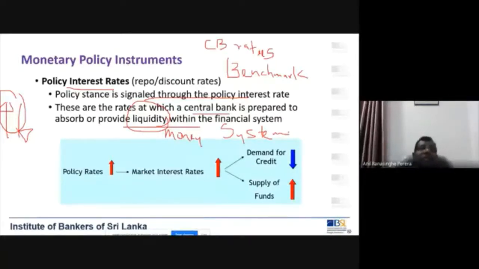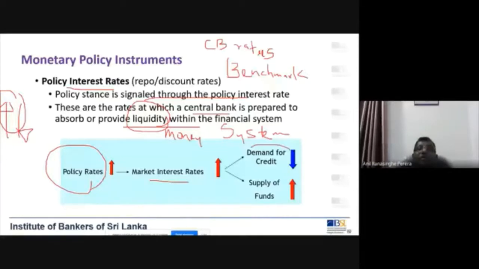So the policy rates basically are impacting the cost of money. How does it happen? When the policy rates are increased, the market rates are also increasing, which means you are affecting the demand for credit.